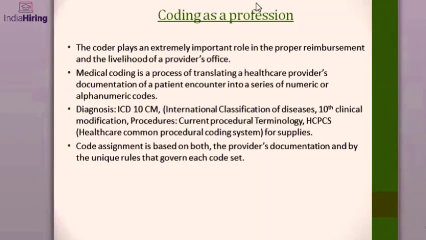In the US, this entire revenue cycle management, from where the medical record is generated until the payer pays the provider, is outsourced to India, because it is very costly for them to handle it there. As Indians, we have many medical coding companies everywhere in India, north and south, and we handle the entire cycle for the provider in the US.